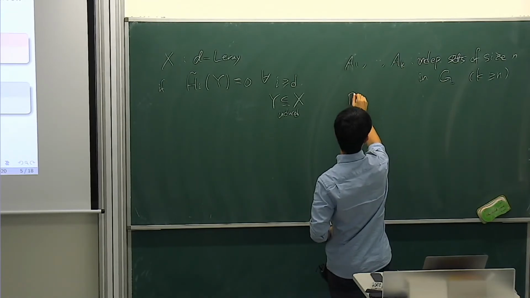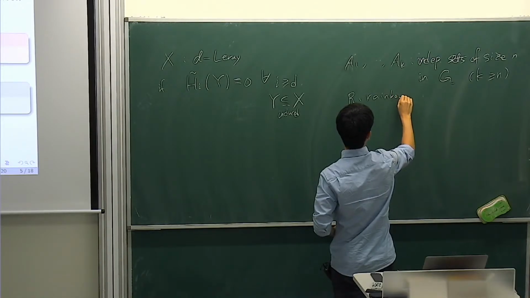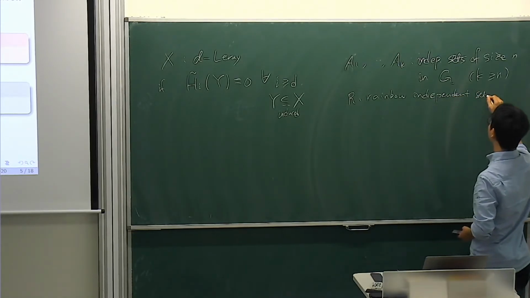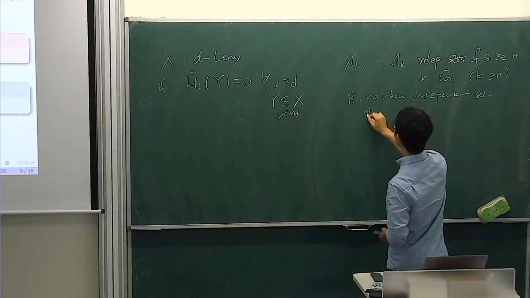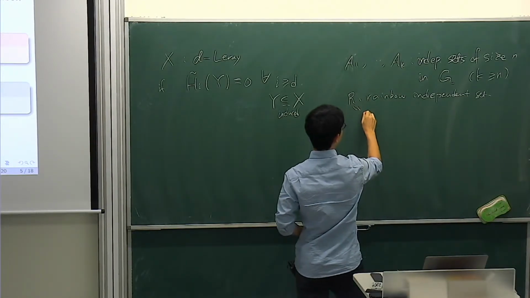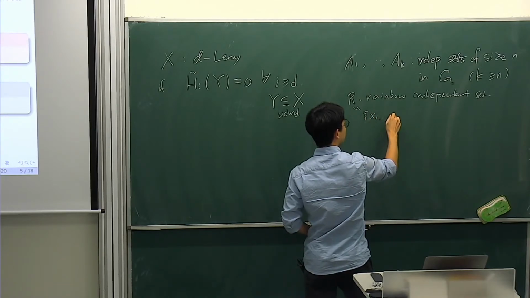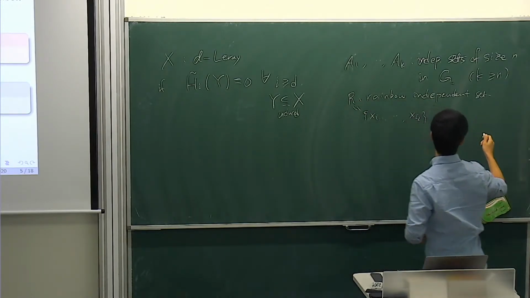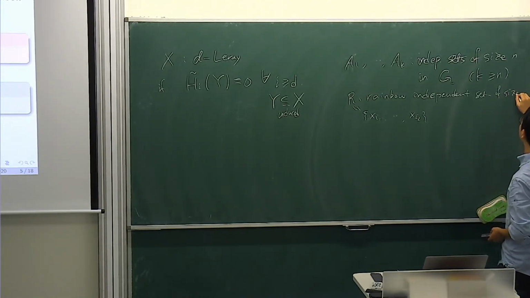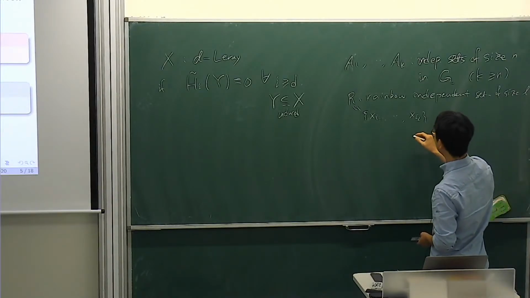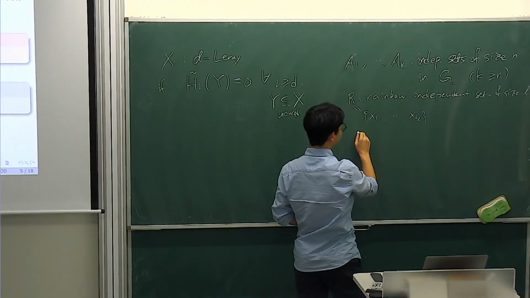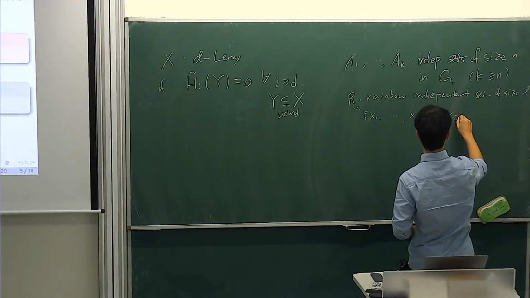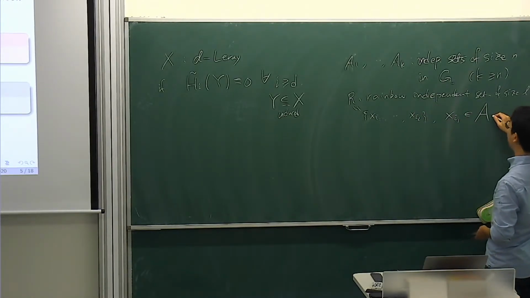Then R is a rainbow independent set if, say, R equals some x_{i1} to x_{il}, where each x_{ij} comes from the set A_{ij}.